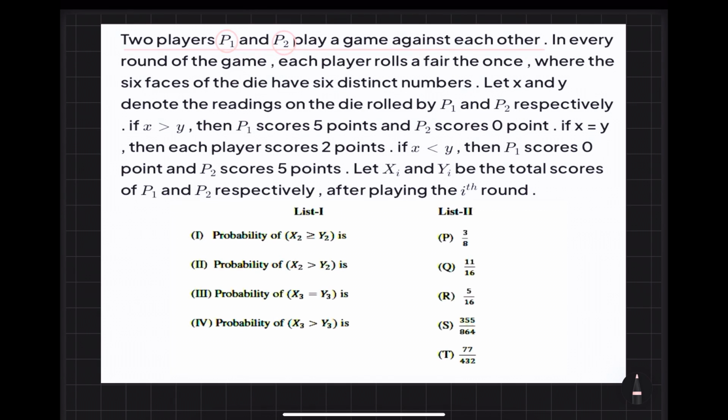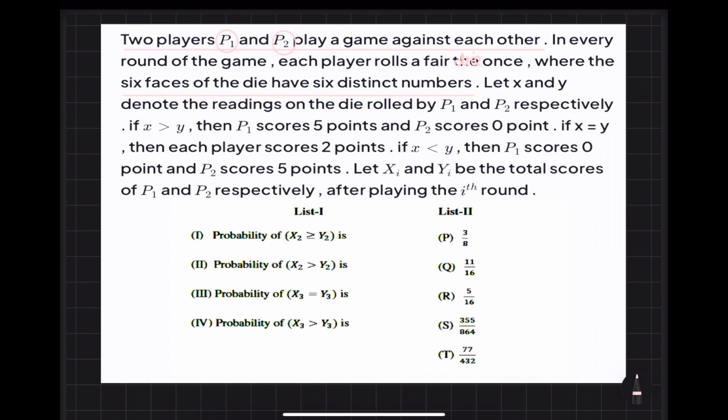In every round of the game, each player rolls a fair dice, where the six faces of the dice have six distinct numbers. I hope you understood these things.